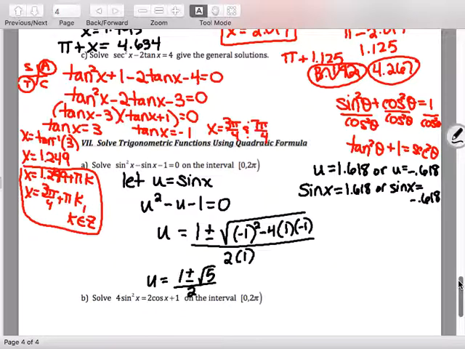So I'm getting sine x equals 1.618, or sine x equals negative 0.618. Now, what's the problem with sine x equals 1.618? There's a problem with this one. It would mean that the opposite is larger than the hypotenuse.